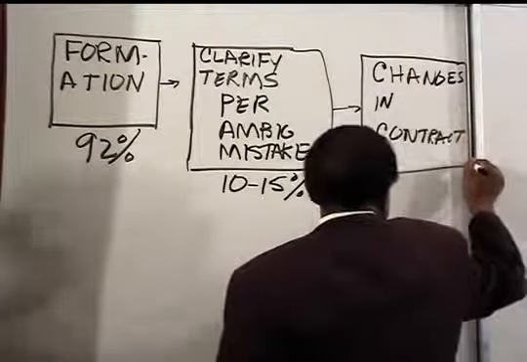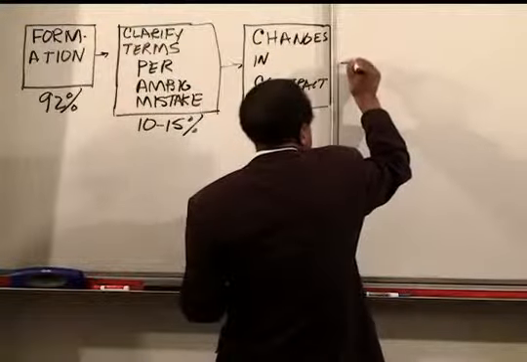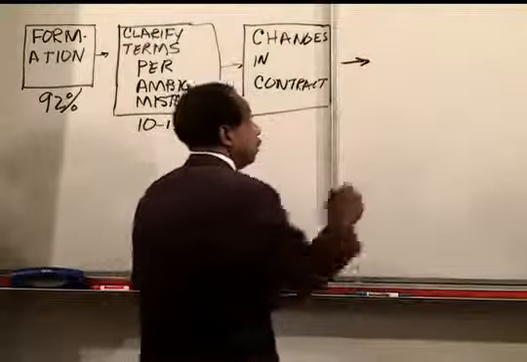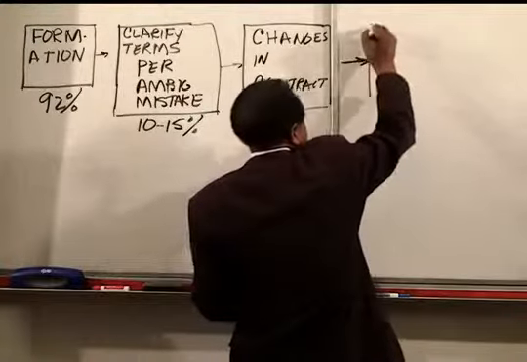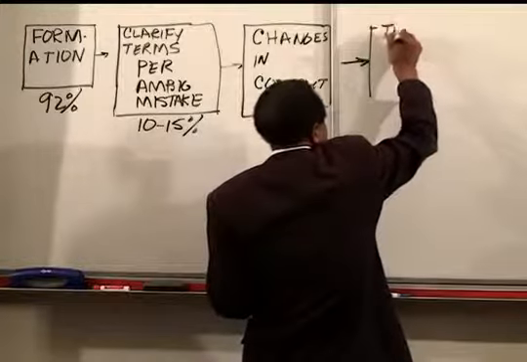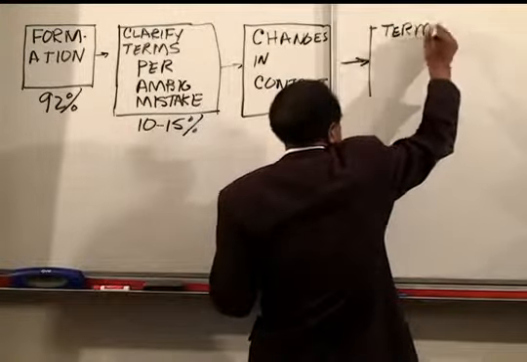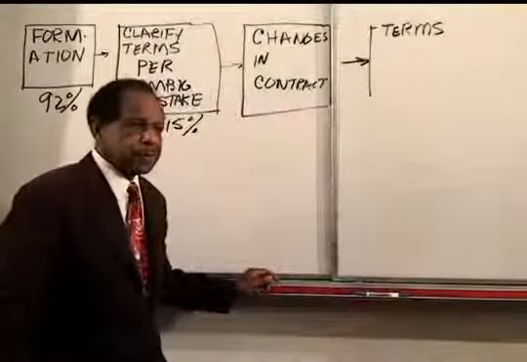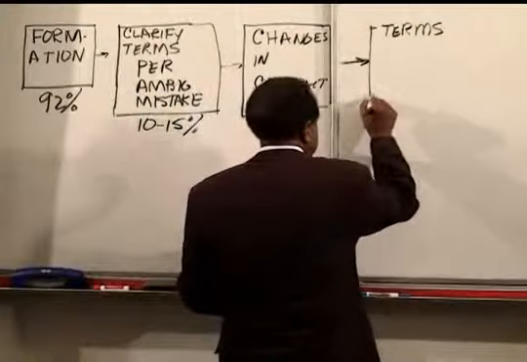Now, in this area of changes to the contract, there are really two types of changes you can make. You can make a change in the terms of the contract, and you can change the people.